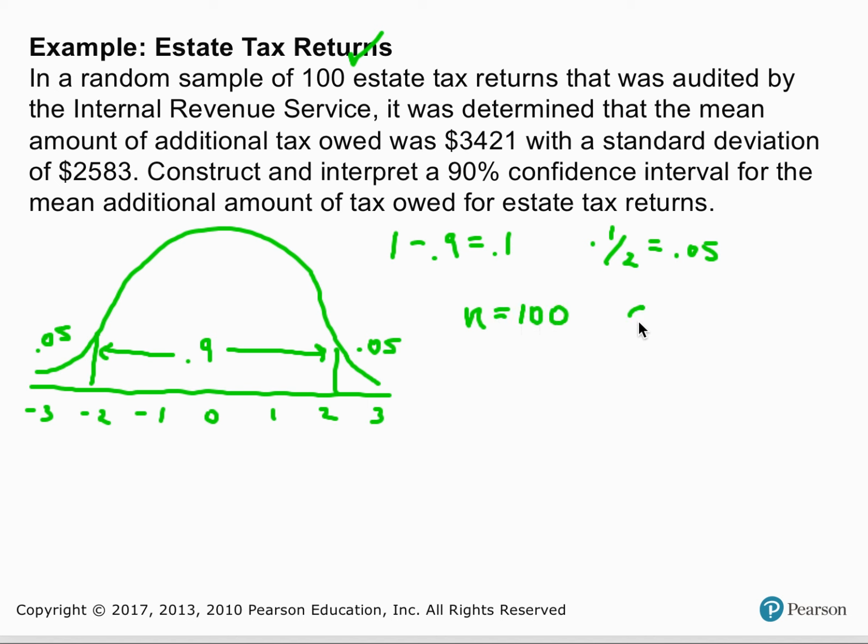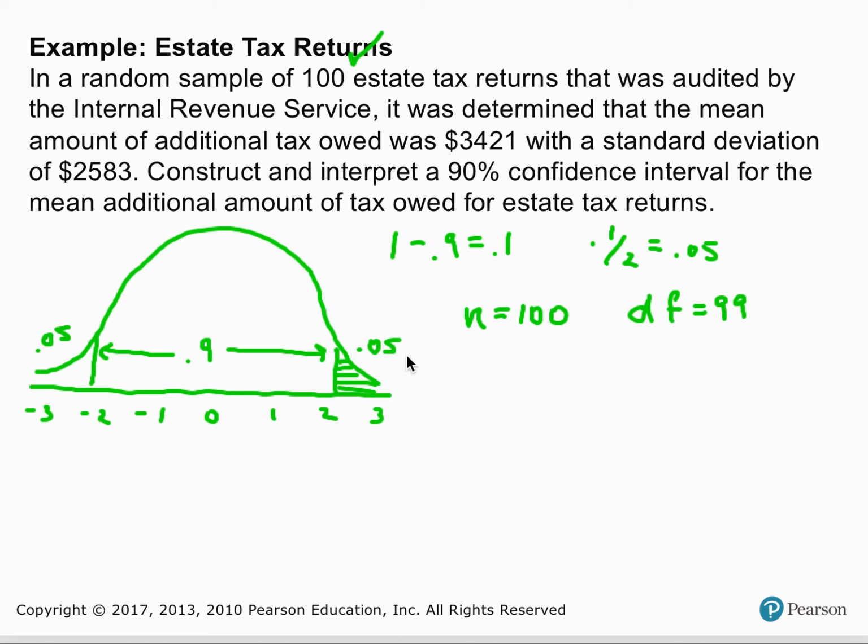If n is 100, the degrees of freedom is 99. Okay, so I need to look at my T chart. Let me uncover my T chart here. Okay, and our T chart gives us this value to the right.